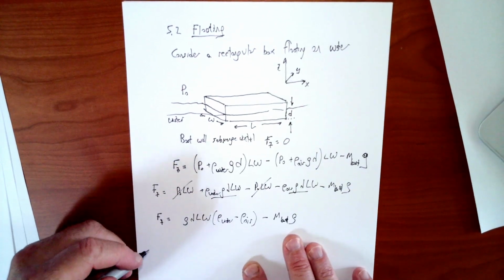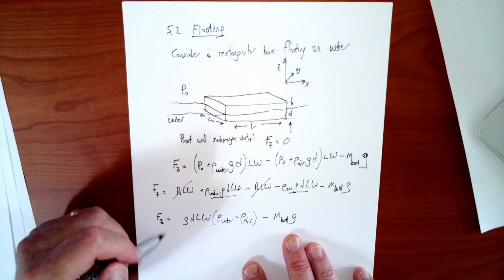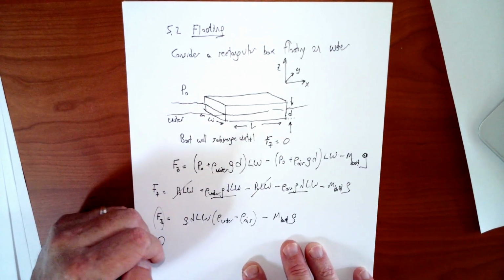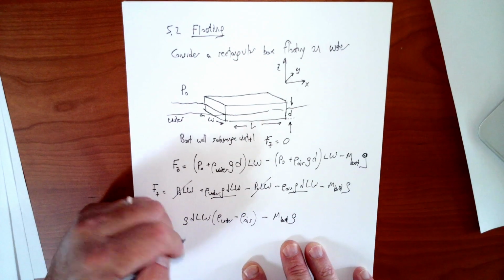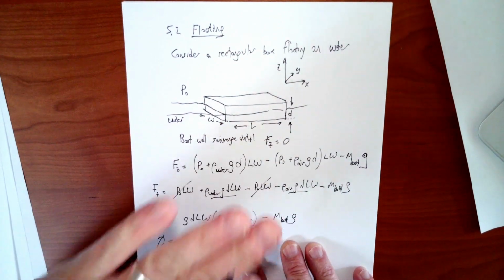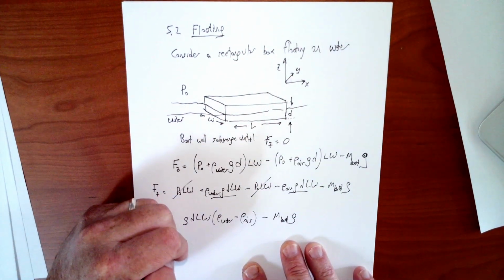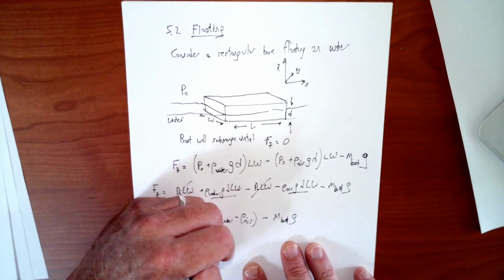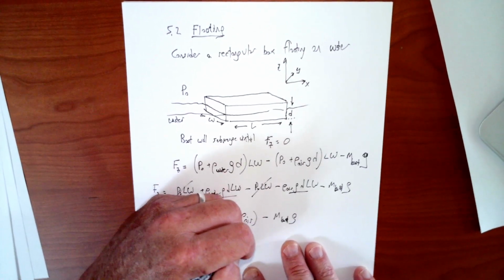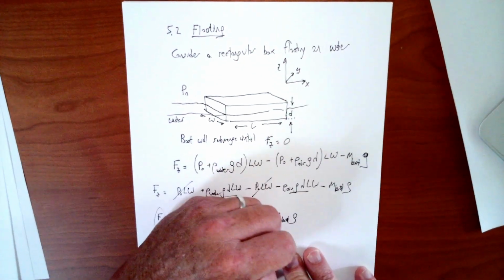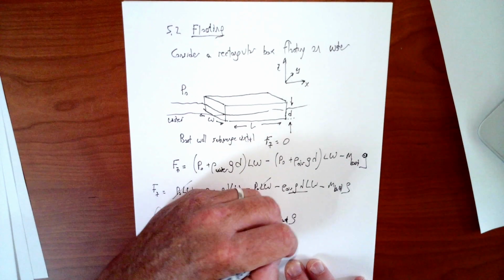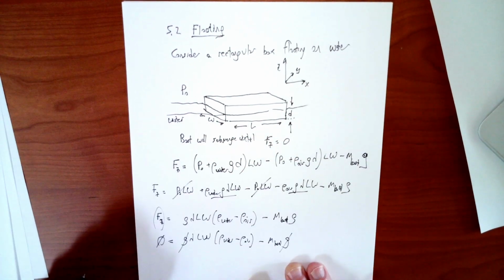Notice we have G. Now for this thing to float, we said that Fz has to be equal to 0. So that's 0 on the left when it's actually floating, just sitting there still, not going up or down. So we have G D L W times rho water minus rho air equals M boat times G. Both terms have G, so we can divide by G and get rid of G, which is interesting.